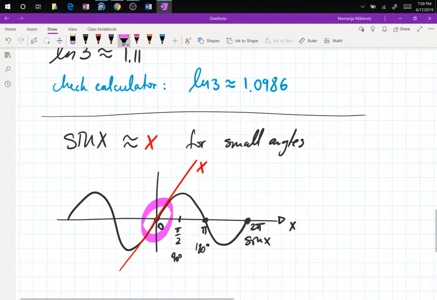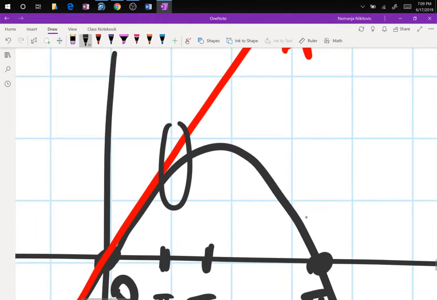Yeah, right? We see that. Now around 0 are angles that are small. As soon as you get to pi over 4, which is 45 degrees, the y values, as you can see, are already apart.